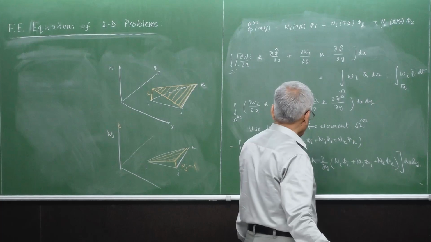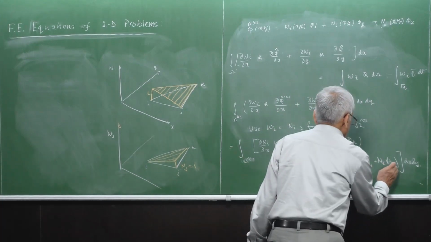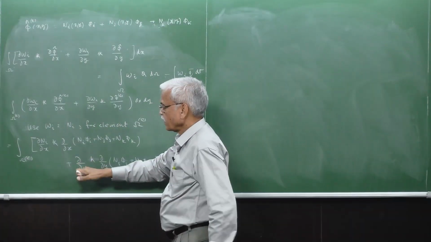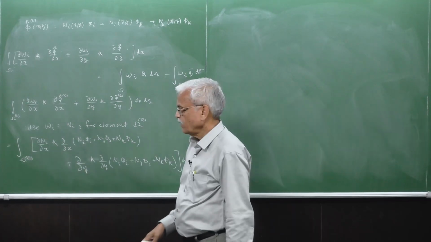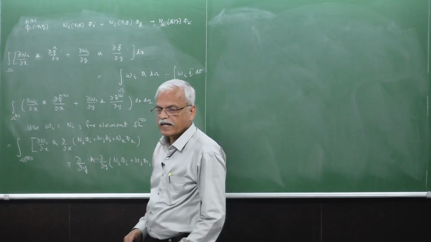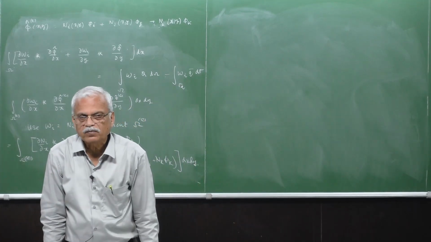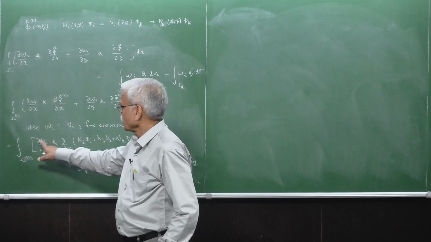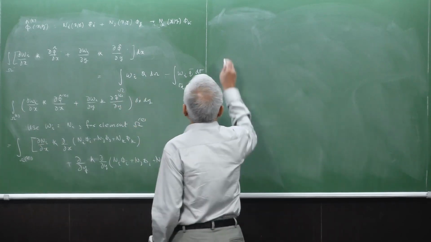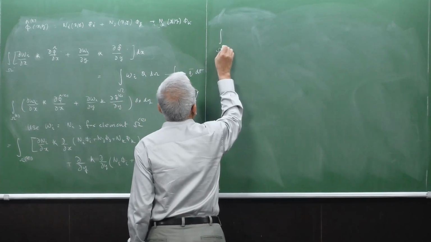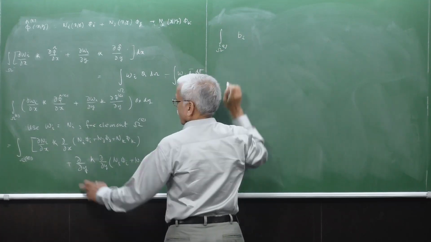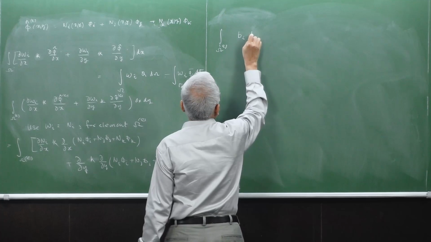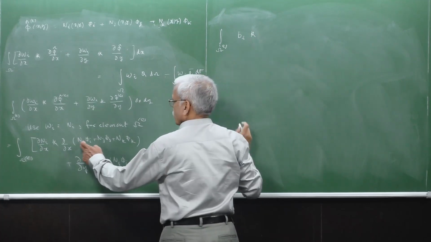Okay, so let's continue the simplification. What is Ni? Don't forget, Ni is ai plus bi x plus ci y. So this derivative with x now can be written as what? bi, right? And then this k is there. And what happens here?